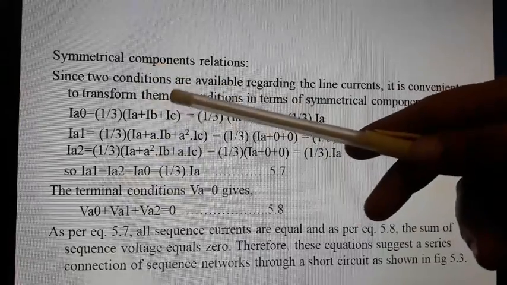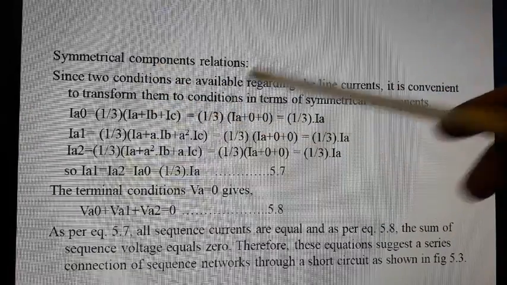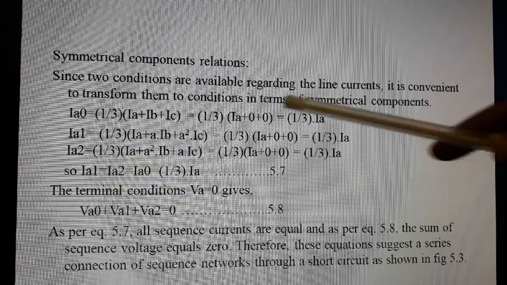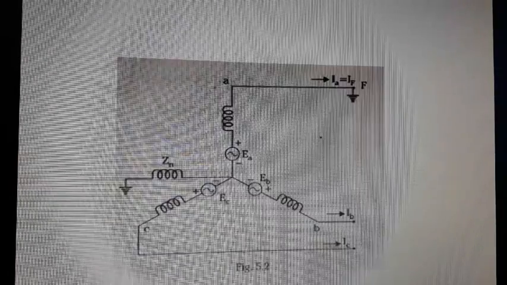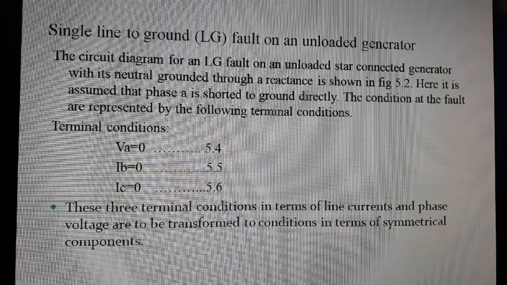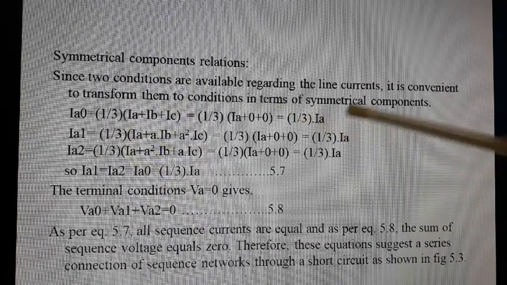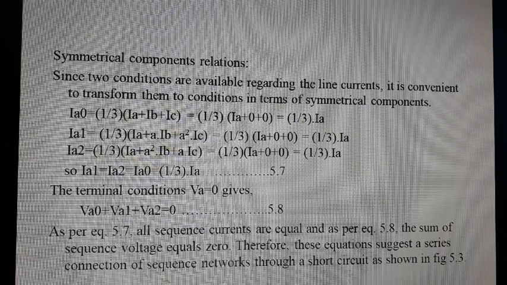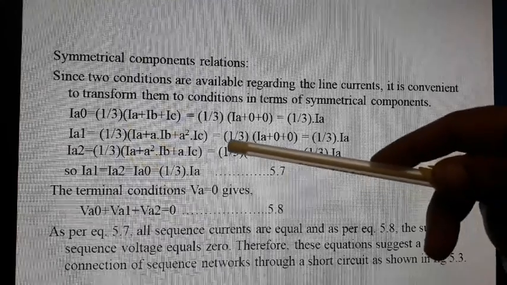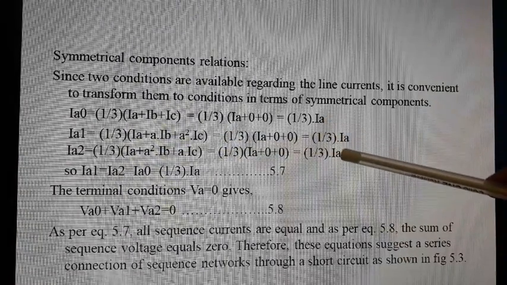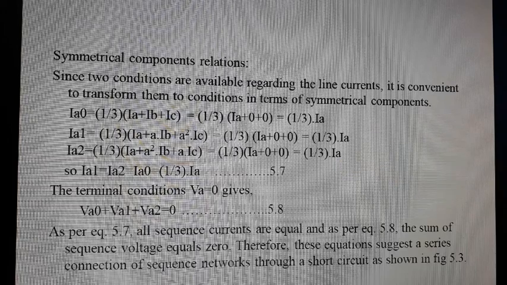As we know, Ia0 is 1 by 3 times (Ia plus Ib plus Ic). Substituting the values, Ia is Ia, and Ib and Ic are 0 from the terminal conditions, so Ia0 is 1 by 3 Ia. Similarly, substituting Ia, Ib, Ic to find Ia1 and Ia2, we see that all the values are equal, that is 1 by 3 times Ia.